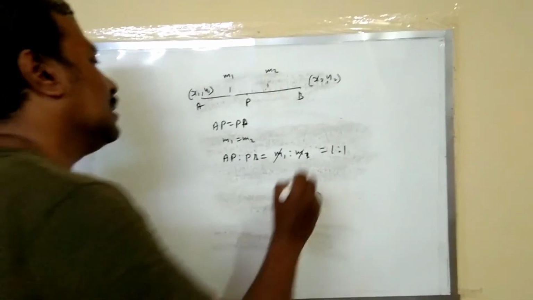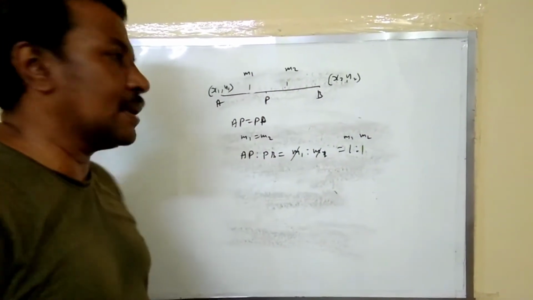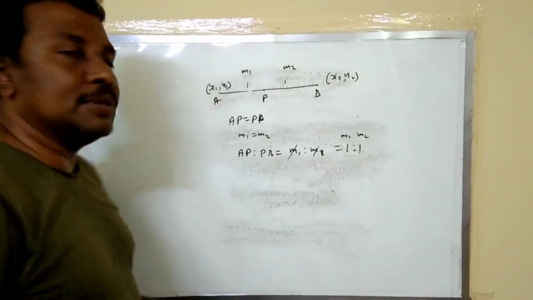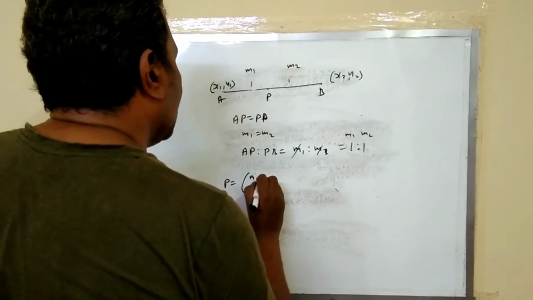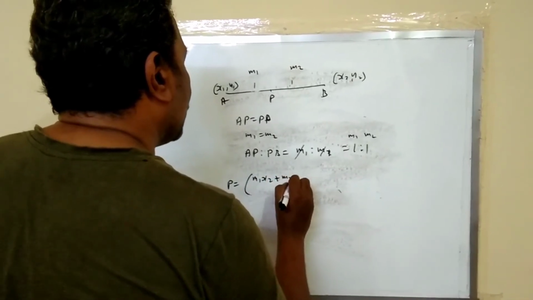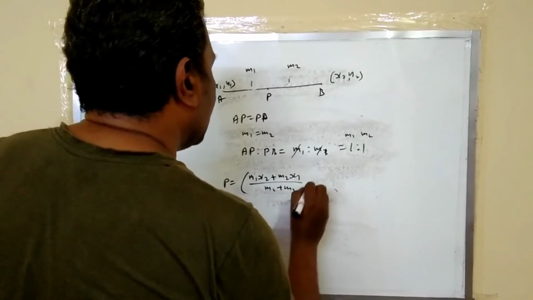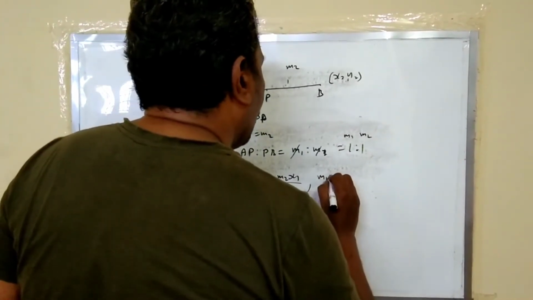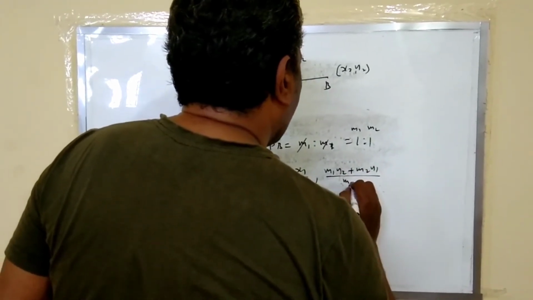So m1 you take as 1 and m2 you take as 1. As usual, P is (m1 x2 plus m2 x1 by m1 plus m2, m1 y2 plus m2 y1 by m1 plus m2).